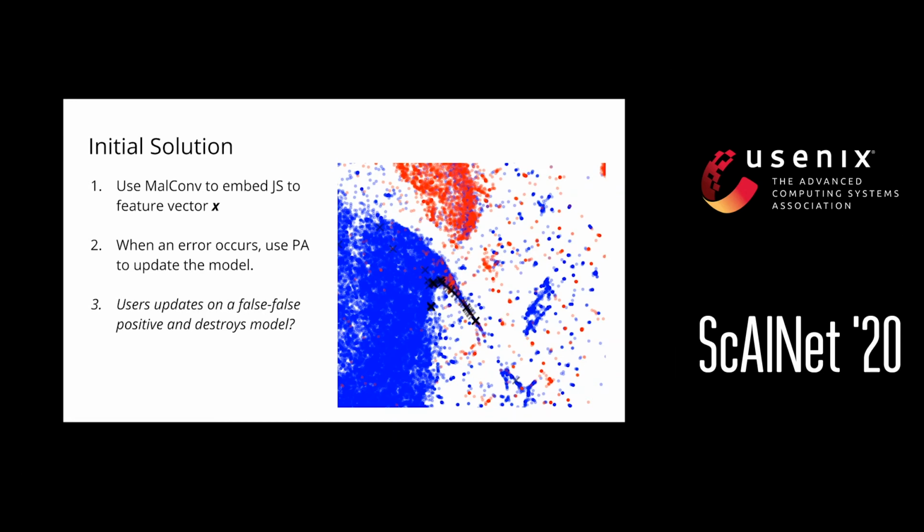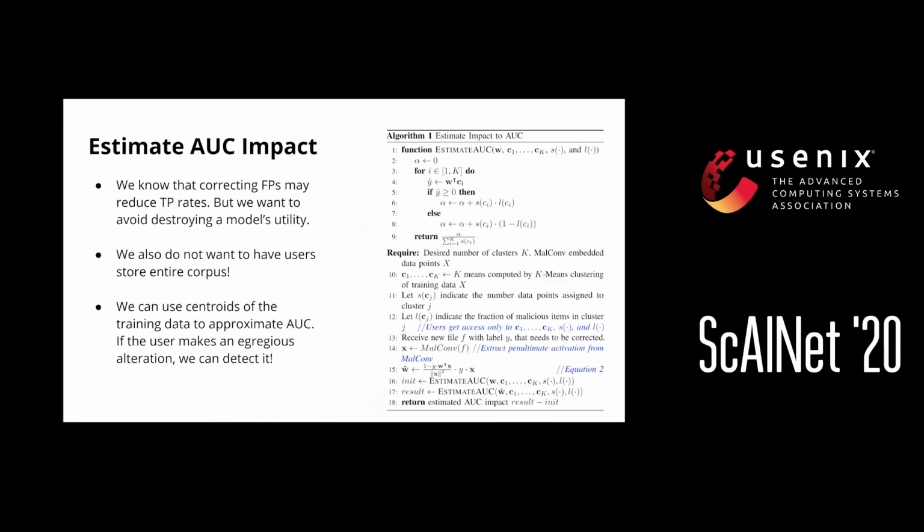What you see here, the black X's mark 58 particularly difficult false positive files from production real live data. So in order to solve this second problem, we use k-means to estimate the impact to a model's accuracy if the model's been altered.